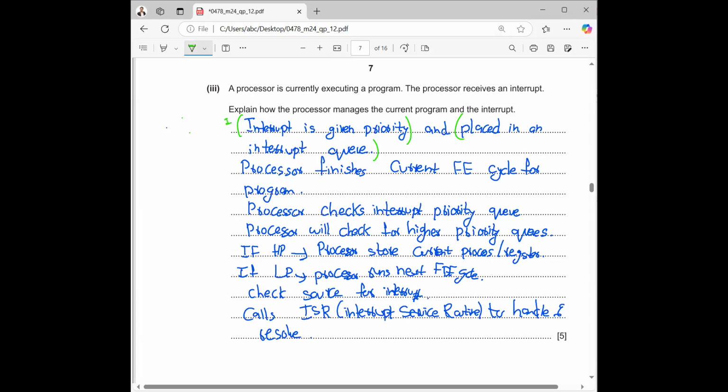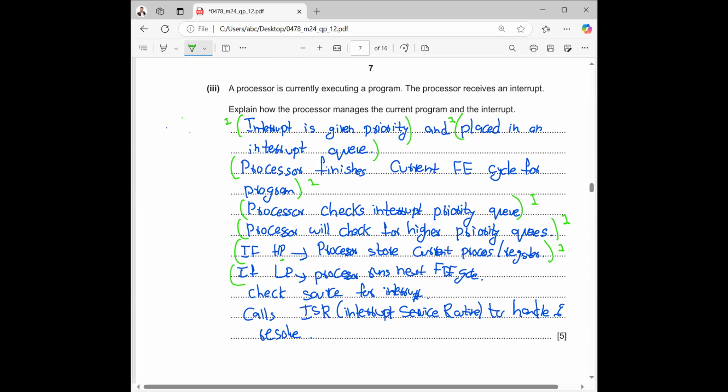If you write this, you will get one mark here, one here, then one here, then the processor checks this, you will get one here as well. The processor will check for higher priority queues and lower priority queues. If it's higher priority, then the processor stores current.